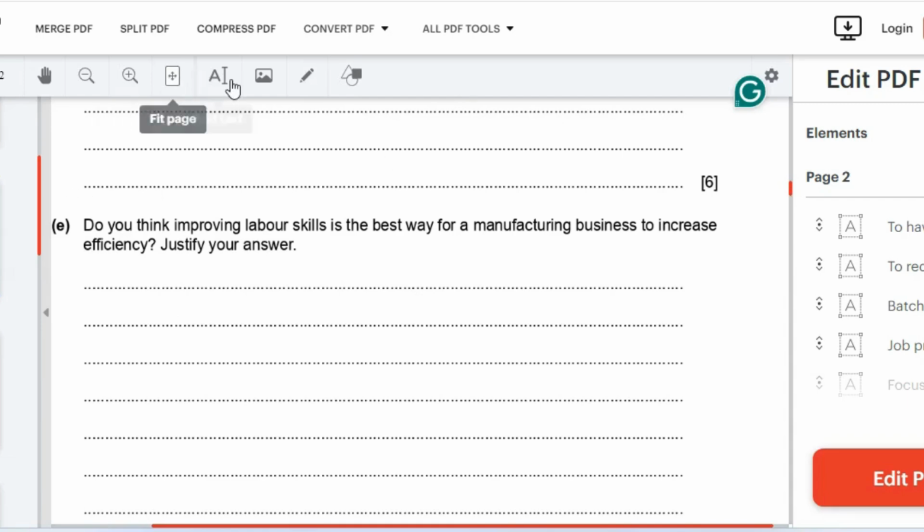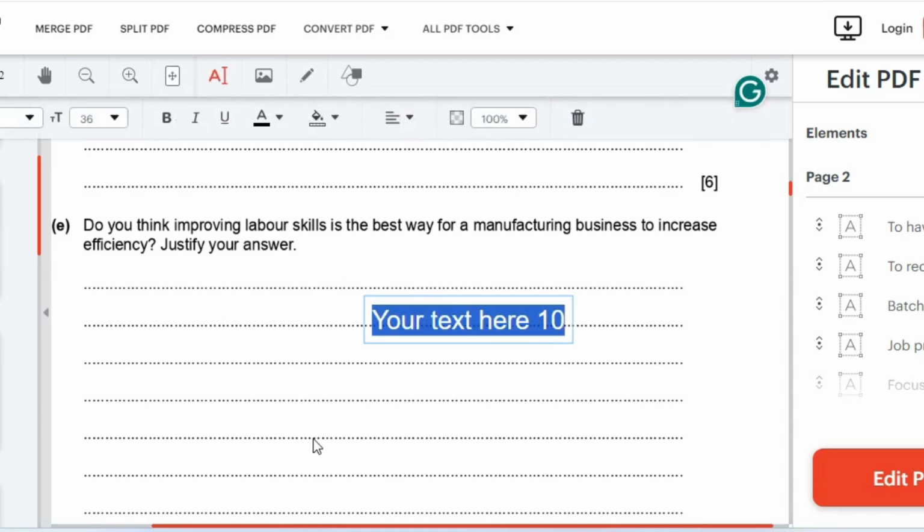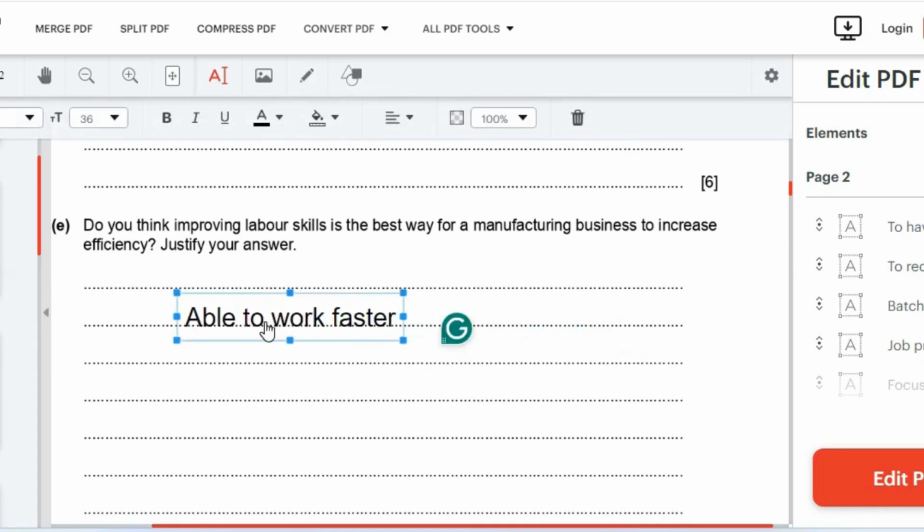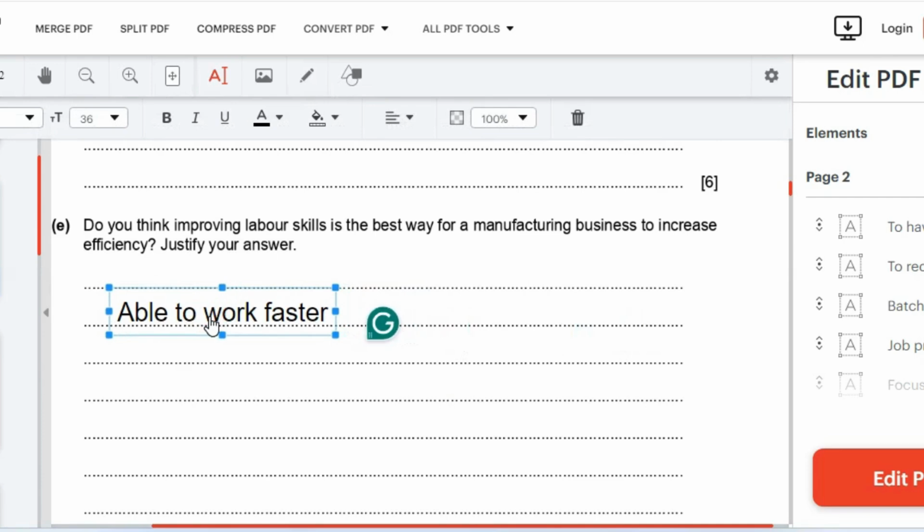First one here is being able to work faster.